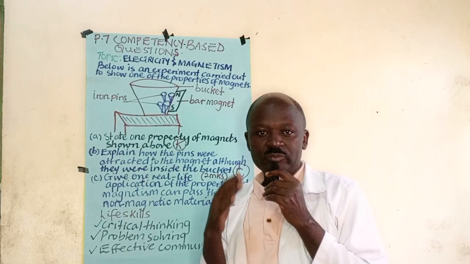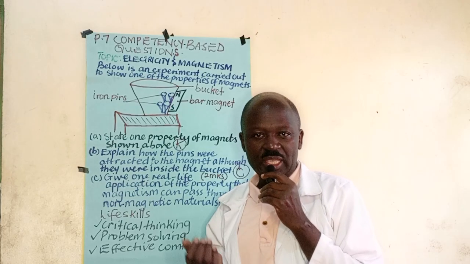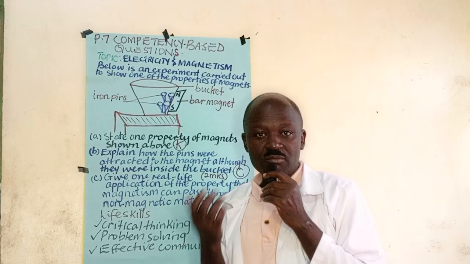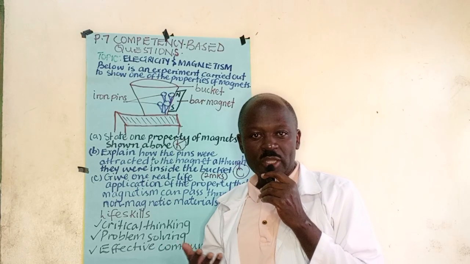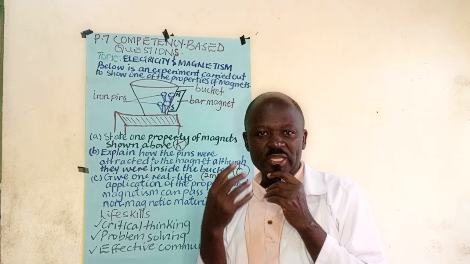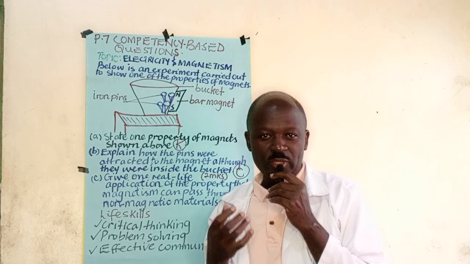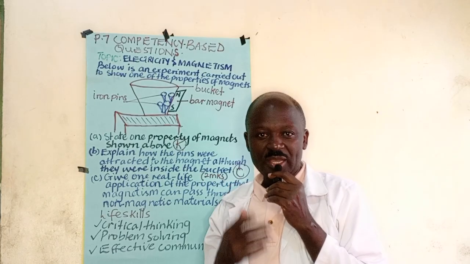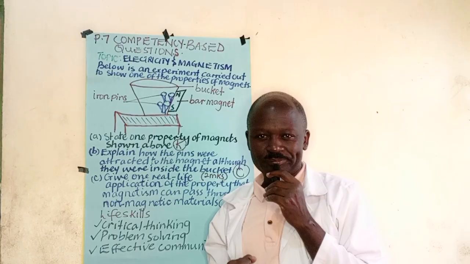Some may say the magnetic force passes through the bucket. They end there, 1 mark. Magnetism passes through the plastic bucket, 1 mark. So the learner needs to explain in his or her own words. By doing that, that child will earn 2 marks.